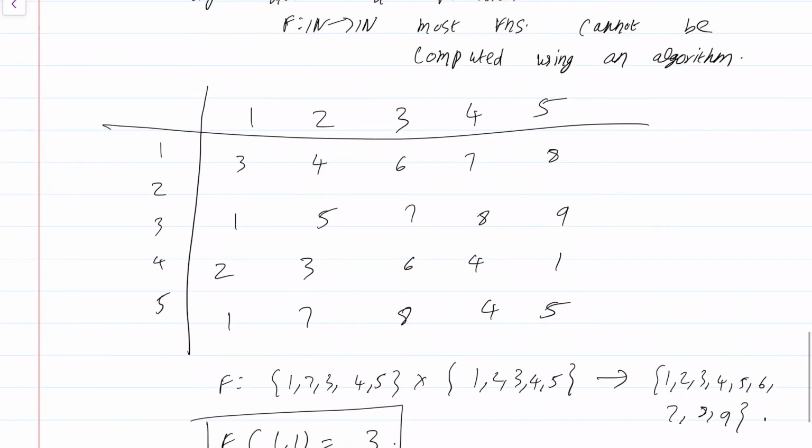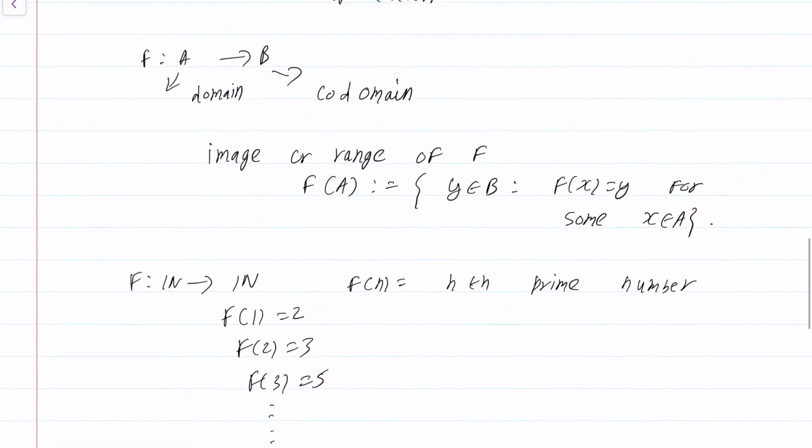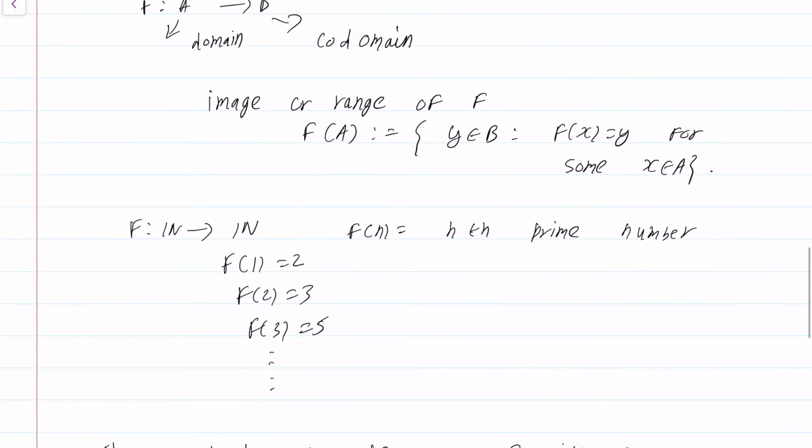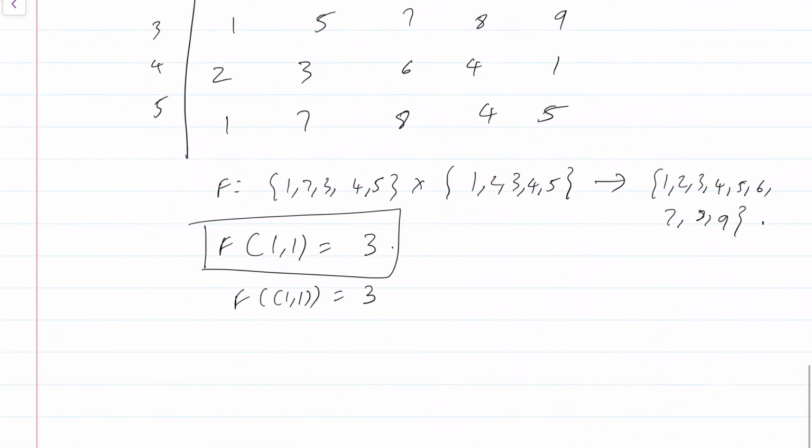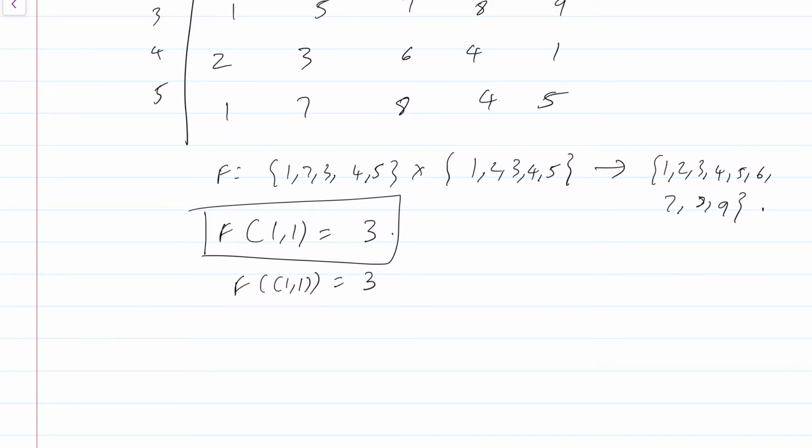You write f of 1 equal to 2, f of 2 equal to 3. Here the element on which the function is defined is itself an ordered pair, so you must write f of (1 comma 1) within brackets is 3. But that notation quickly becomes very tedious, so we don't use such precise notation all the time, and such things are called abuse of notation. So you can define functions using tables.